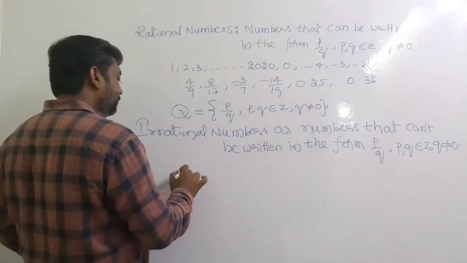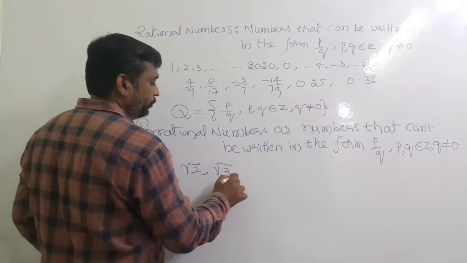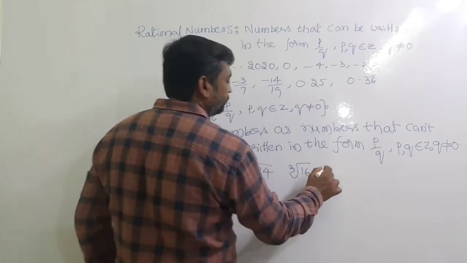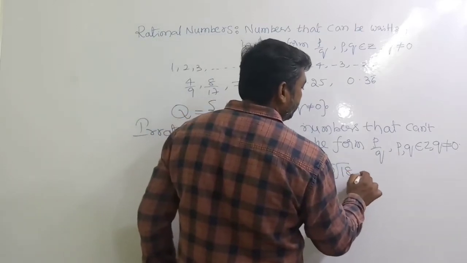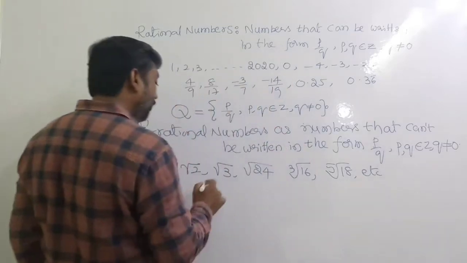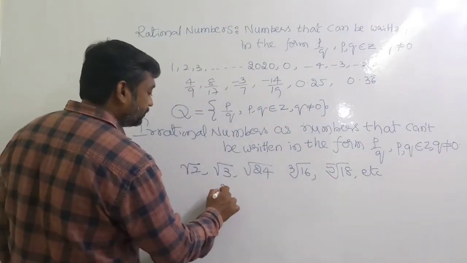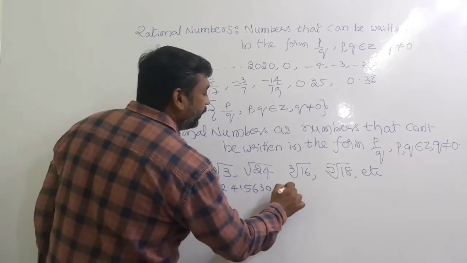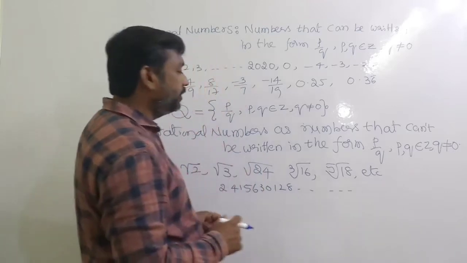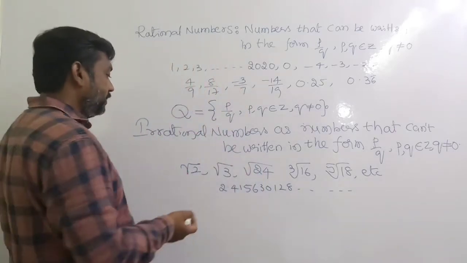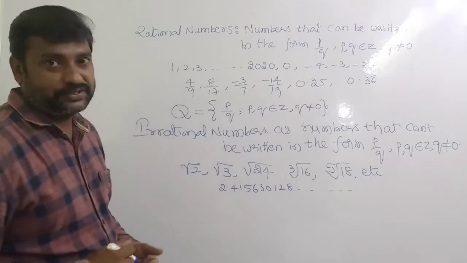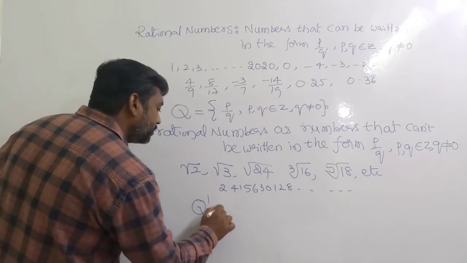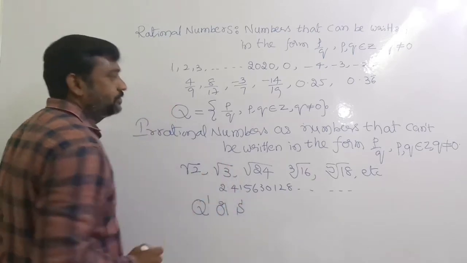Examples for irrational numbers: root 2, root 3, root 24, cube root 16, fifth root 18, etc. And non-terminating, not repeating decimals like 2.41563012 and so on are all examples for irrational numbers. Irrational numbers are denoted by the letter Q dash or sometimes by S.